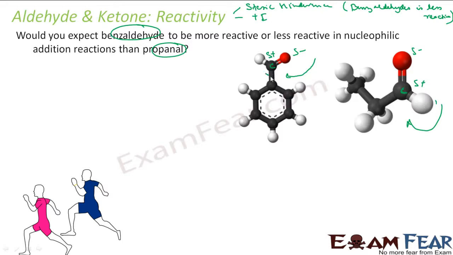So the benzene ring has electron withdrawing capability, and this alkyl group has electron releasing capability. So with the I effect, we can see that since the benzene ring withdraws electrons, this carbon is all the more positive. So with this, propanal is less reactive.